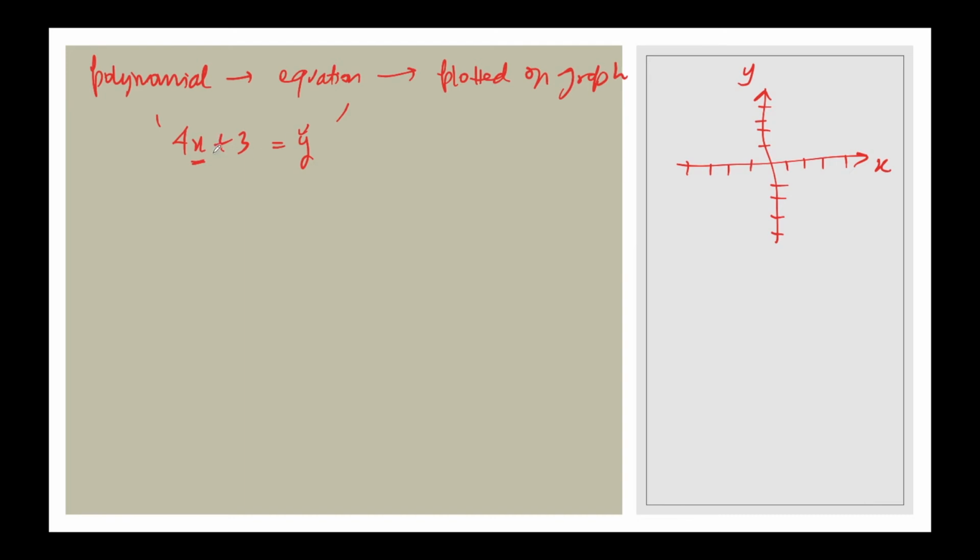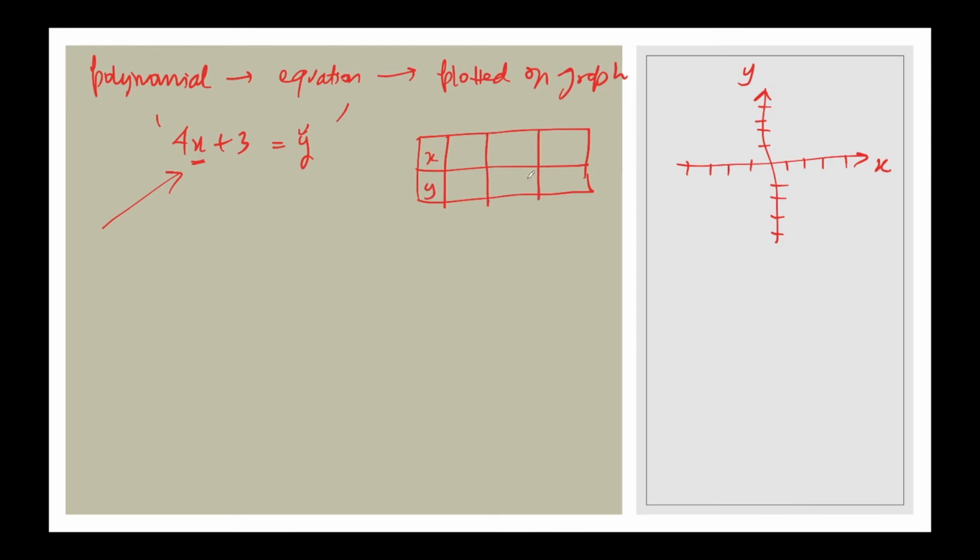So now we need to find some values that satisfy this equation, or in other words, we need to plot this equation on this graph. It is very easy, right? The method we use is to draw a table and write x and y over here.